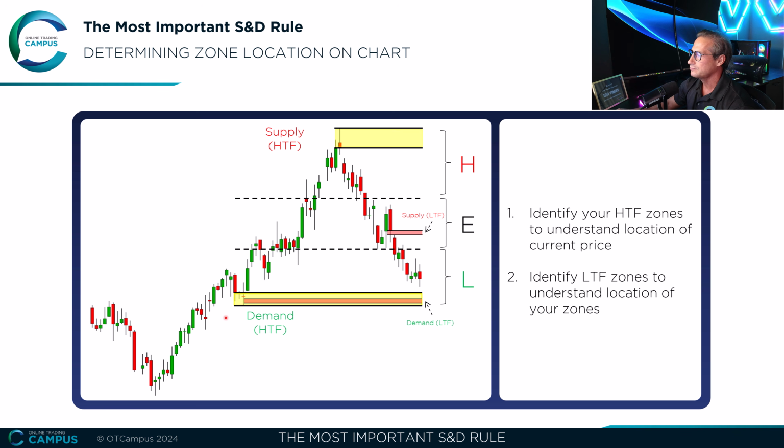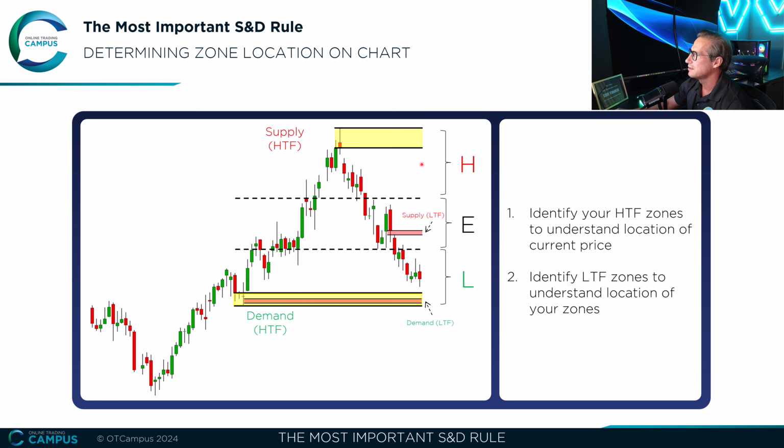Now imagine this is our higher time frame chart. What are the three steps? We first identify supply on the higher time frame, then we identify demand on the higher time frame, and then we split the area into three equal parts.